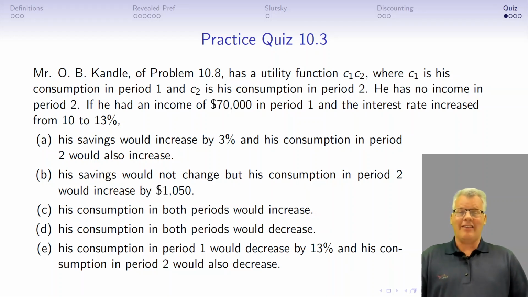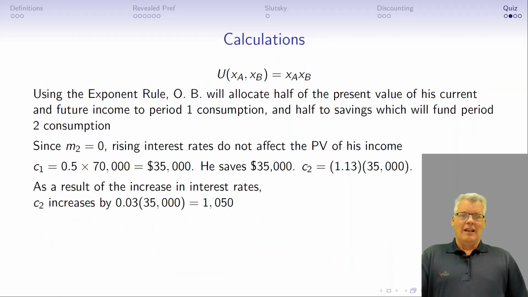So I can see working through this that the only answer that's consistent with all this before we even do any math is B. B is the only response here that has the potential of being correct. Okay. Now we can do the calculations. We apply the exponent rule.